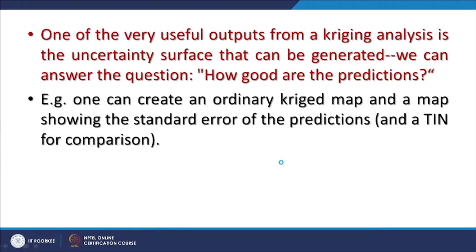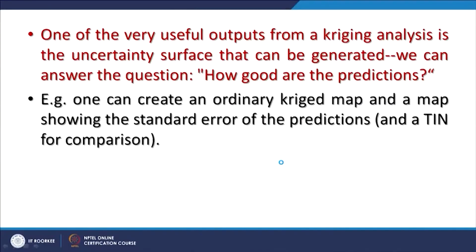Now, one of the very useful outputs from Kriging analysis is the error part or uncertainty surface that we can generate, and this basically will answer how good the predictions are, or how close the surface you have created is to reality.